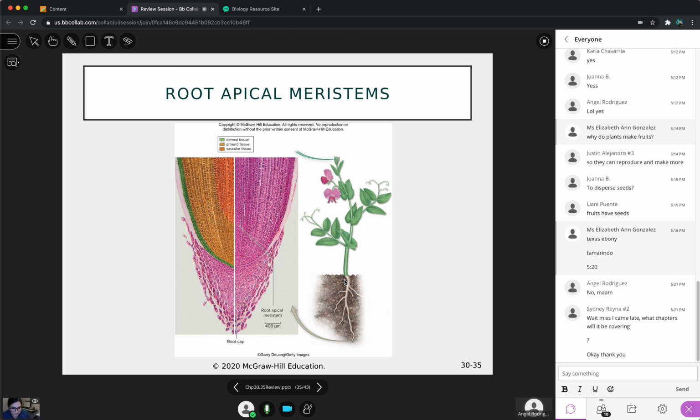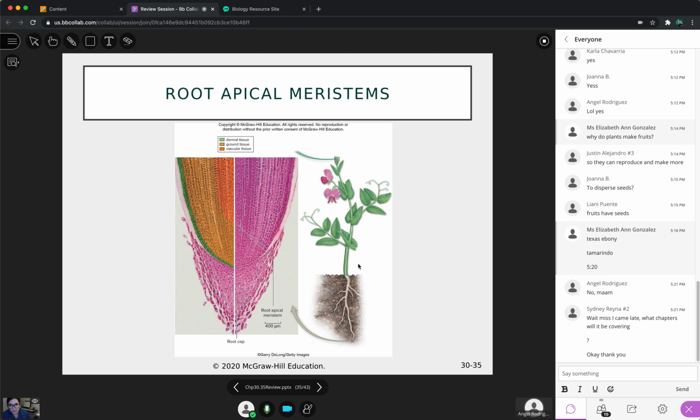Another thing is that roots are typically white, because the sun doesn't penetrate the soil. So these do not have chloroplasts. They are not photosynthetic because they're underground, which is why they're not green. Something to remember: anything above ground is green and photosynthetic, and anything below the soil is white and doesn't photosynthesize.